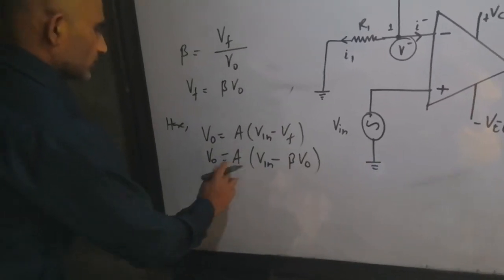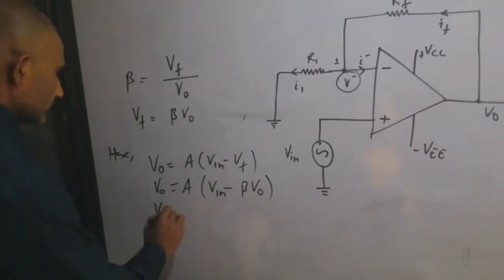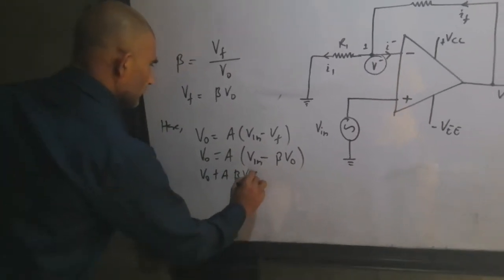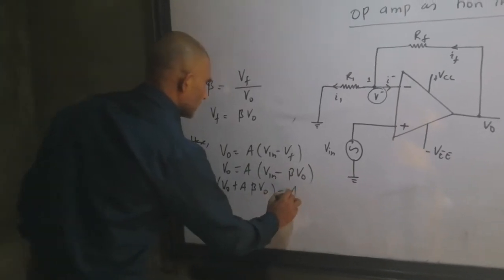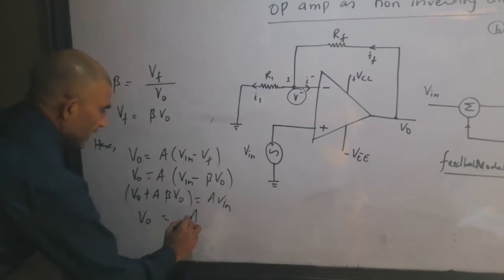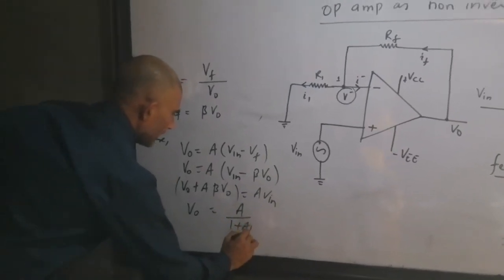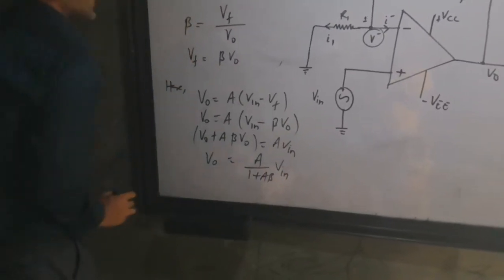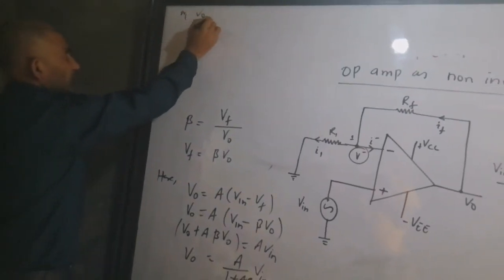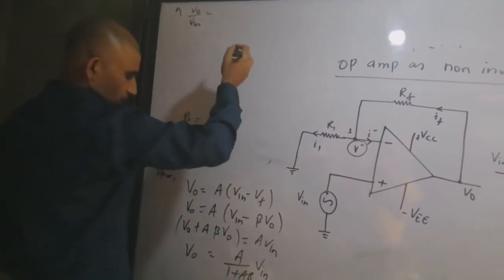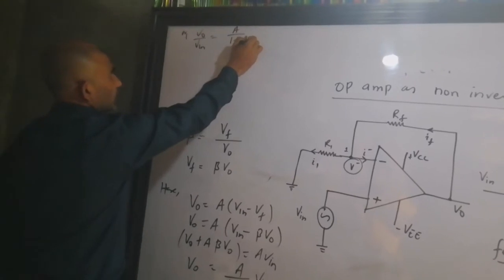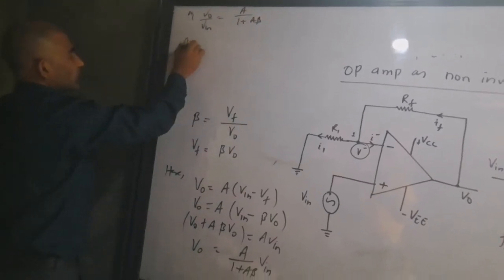Now V out is here, and I took that from this side, so A times beta times V out will be equal to A times V in, and so V out will be equal to A by 1 plus A beta times V in. Or I can write V out upon V in equals A upon 1 plus A beta, and this is our closed loop gain.